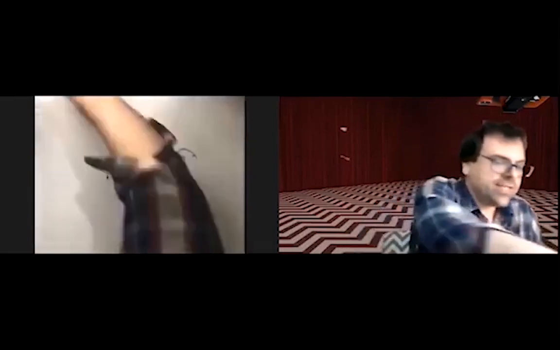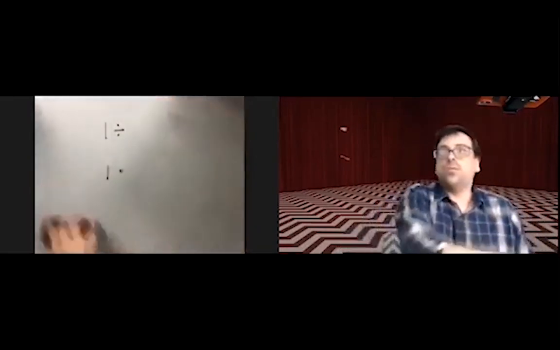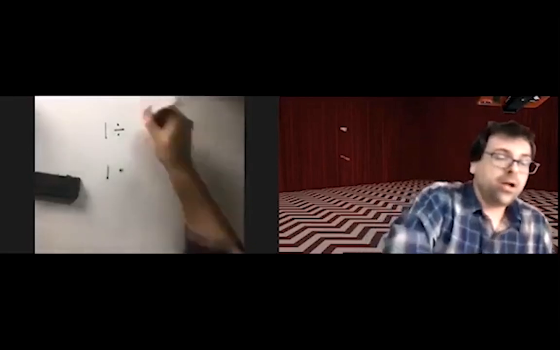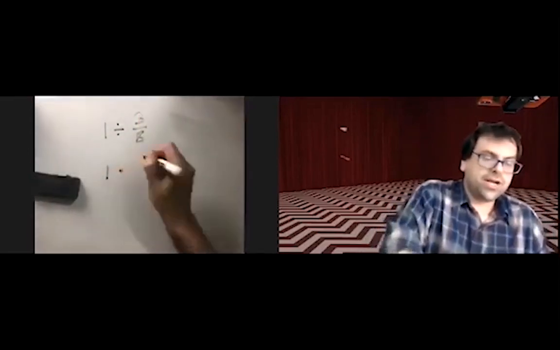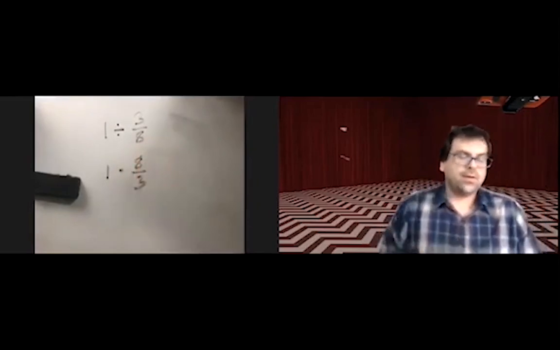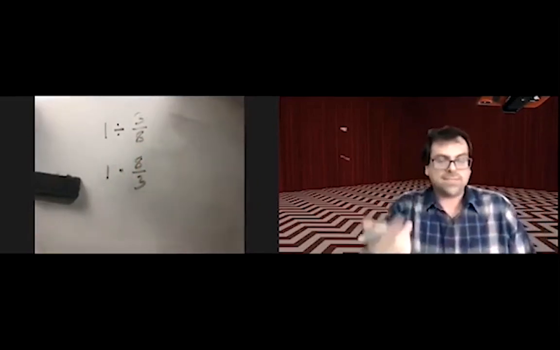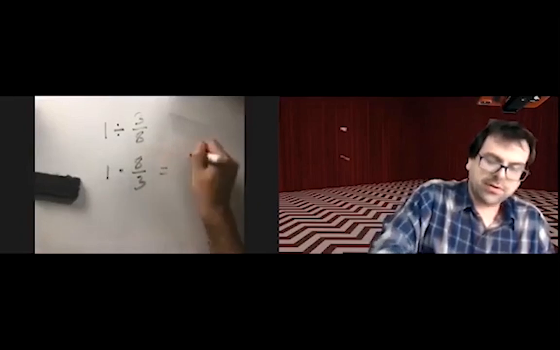Is that going to work every time? Absolutely. If it was 1 divided by 3/8, keep, change, flip. So then it's 1 times the flip. It's just the reciprocal, 8/3.